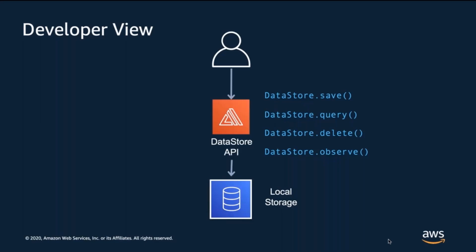Now, because DataStore is actually built on top of AppSync, which is AWS's managed GraphQL service, you can have real-time notifications of changes to your data. And those are actually done under the covers by GraphQL subscriptions. So let's say as a developer, you want to know when certain data types are changing, or even a certain line item of data is changing.